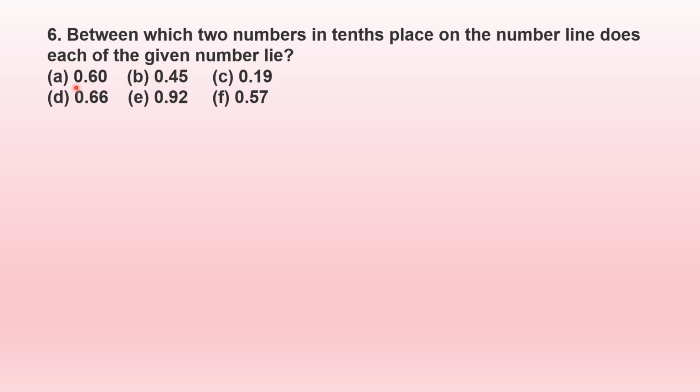Very easy question. 0.60 lies between 0.6 and 0.7. 0.45 lies between 0.4 and 0.5. 0.19 lies between 0.1 and 0.2. 0.66 lies between 0.6 and 0.7. 0.92 lies between 0.9 and 1.0. 0.57 lies between 0.5 and 0.6.